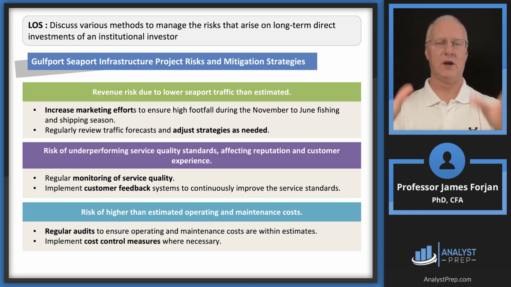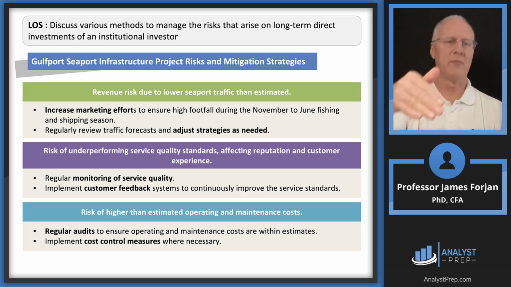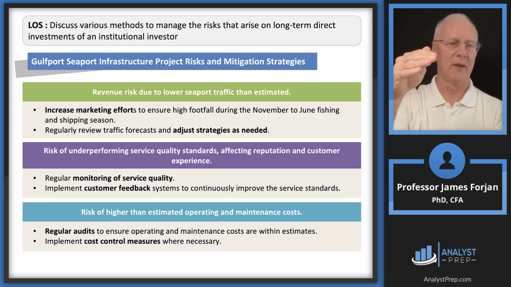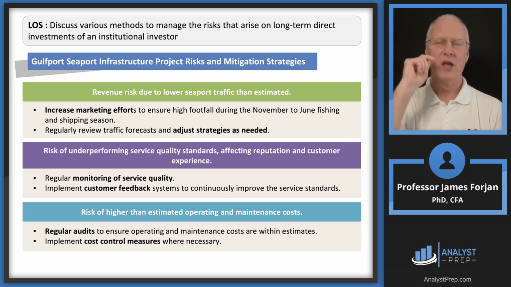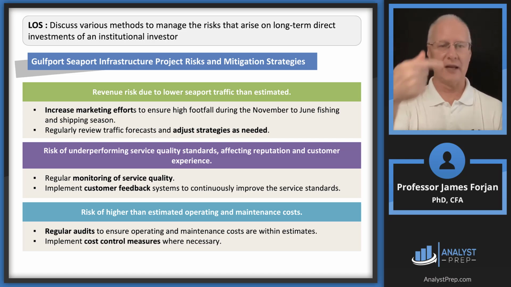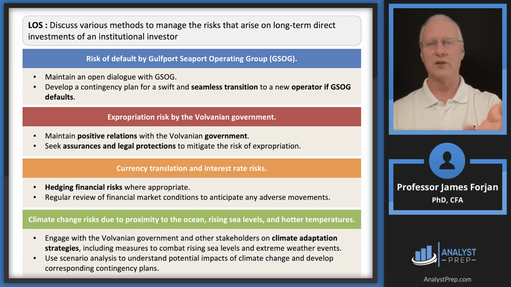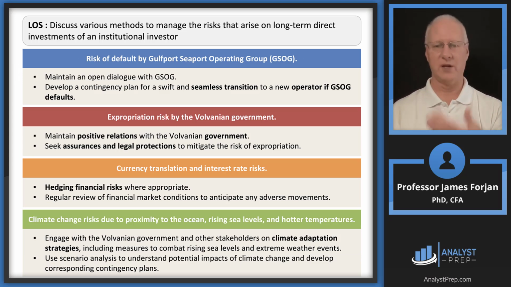So look at this right here. Think about the Excel spreadsheet. You got revenues and operating expenses, and you could have a list of maybe 20 different operating expenses. But each one of those operating expenses and the revenues, they're going to relate to either the green or the purple or the blue, or this blue, risk of default, expropriation, currency translation. So what do we do about the risk of default?